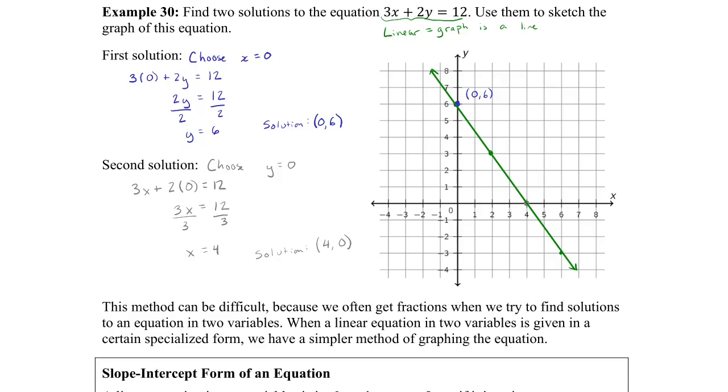When we're working with a linear equation in two variables, we will often have it in a certain specialized form, which gives us a simpler way of graphing our equation, that if we're a little bit careful with our fraction arithmetic, we can always get integer points.